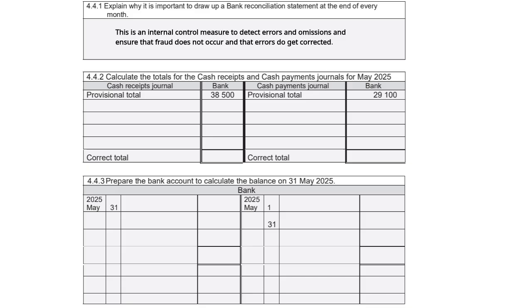And then also if you go to your bank account, it has a balance of 21,200 rand also given to you under additional information number 1. Balance drawdown on the first, 21,200 rand.